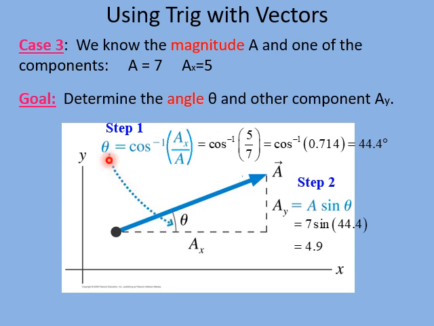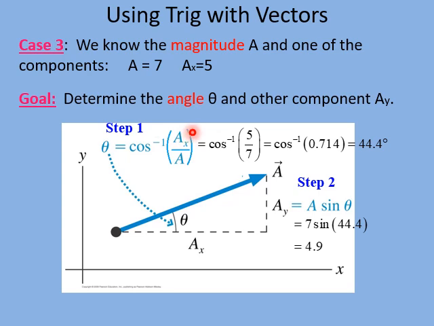So remember that theta is equal to inverse cosine of a sub x over a. Now, why did I use the inverse cosine formula? Well, we know what a sub x is. We know the x component down here is 5. So I chose the trig function with the known numbers.